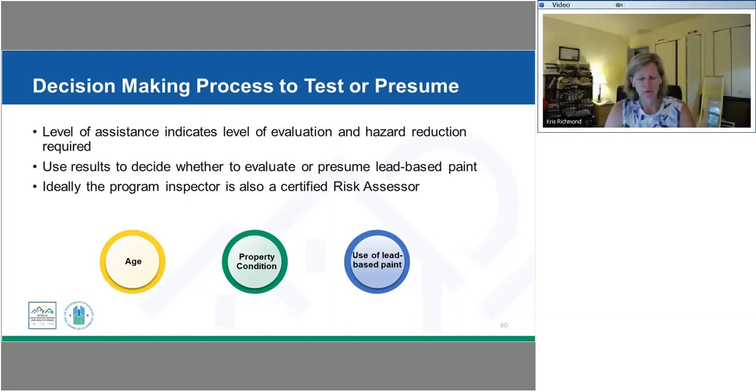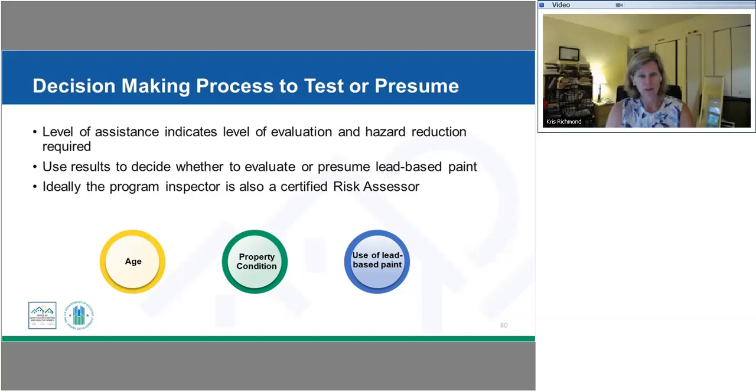If you had prior projects and you didn't find a lot of lead-based paint, then it would make sense to test. Because if you test and there is no lead-based paint, then you don't need to find lead specialists to do the work if there's no lead identified. If you have always found lead, then you may want to presume.